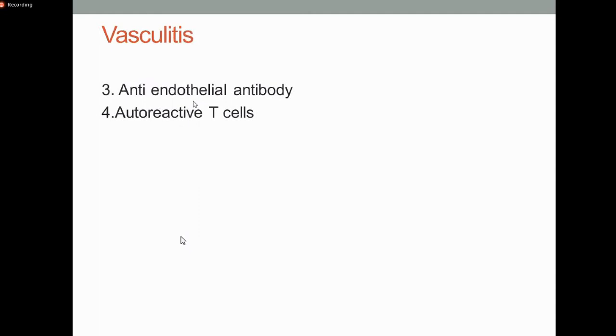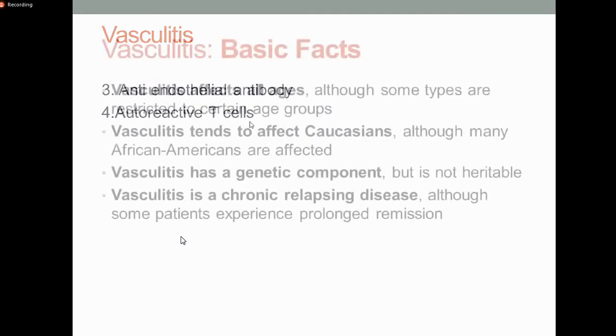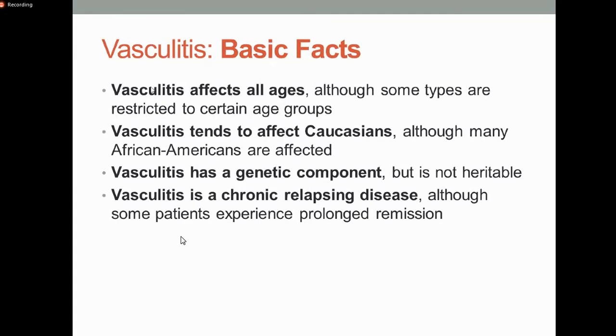The third mechanism of vasculitis is anti-endothelial antibody formation, and the fourth one is autoreactive T cells. Now, there are some hardcore or basic facts related to vasculitis. Vasculitis can affect all ages, but certain types of vasculitis are somewhat restricted to, or have a predilection for, certain age groups.